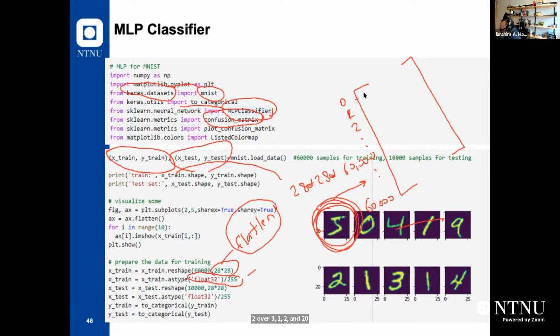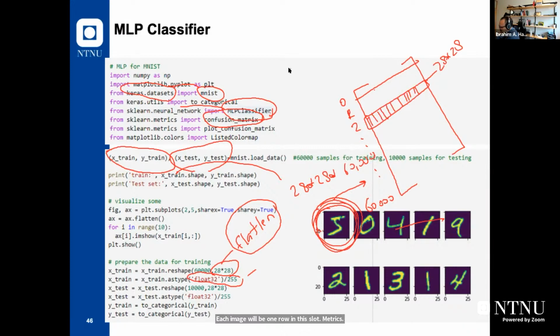Each row here will be one image, right? The length of each row will be 28 times 28 pixel values. We will flatten it and put it flat like this. Each image will be one row in this large matrix. So this is the training set.